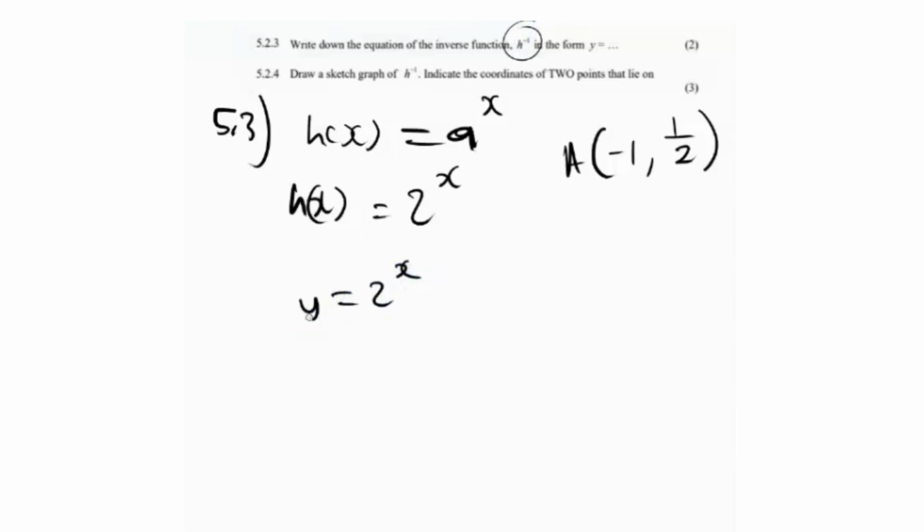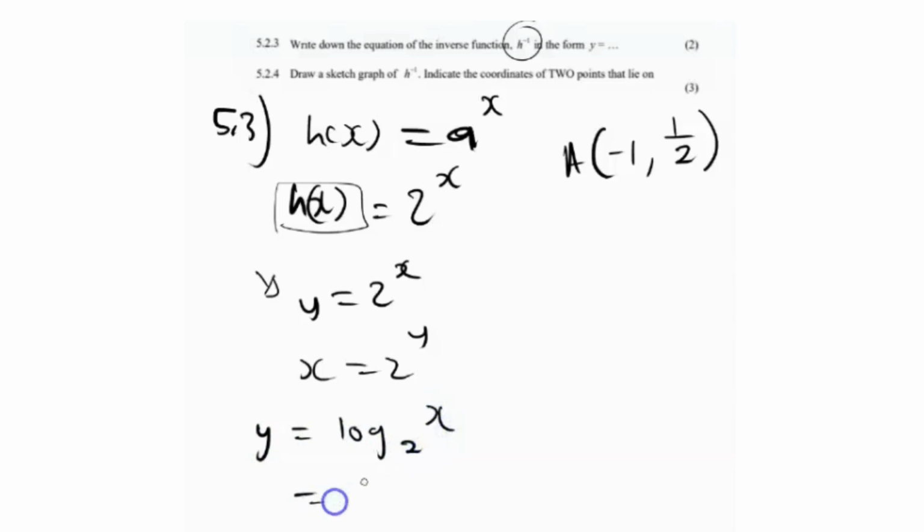First we swap x and y, we write this in terms of y, remove this h of x, swap this, it's x equals 2 to the power y, and from here we try to do logarithm. So it's log 2 in base of x. So this is how we do it.